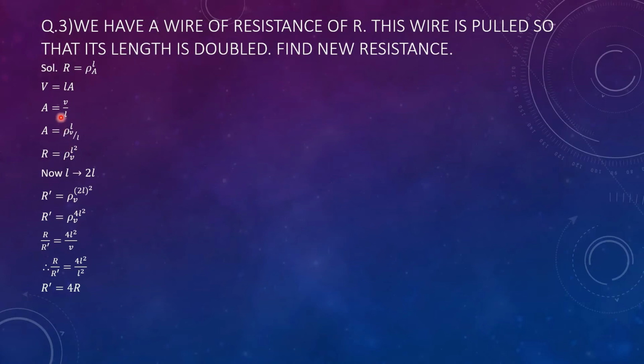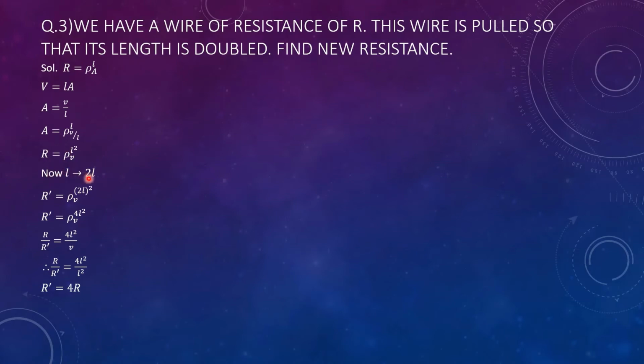Here this step, A is not here, it is R, and this is not V, this is L square. So make correct in your copies. R equal to rho L upon A, and volume of cylinder pi R square H, pi R square replaced by A, H replaced by L. From here value of A will get V upon L, and this will place here. So new formula will be obtained, R equal to rho L square upon V. This is first equation.